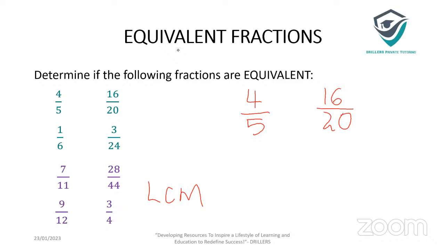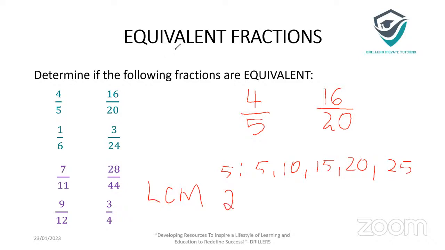So we have to find our common multiple, the smallest number that 5 can go into and 20 can also go into. Some multiples of 5 are 5, 10, 15, 20, 25.